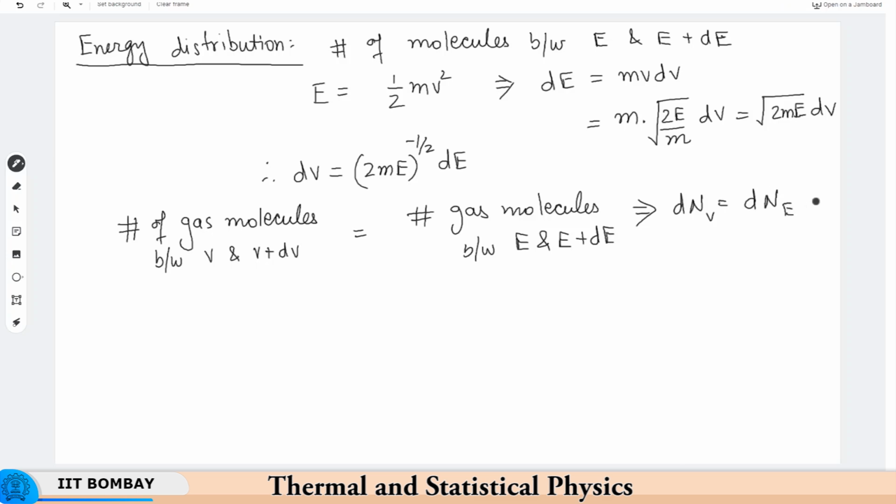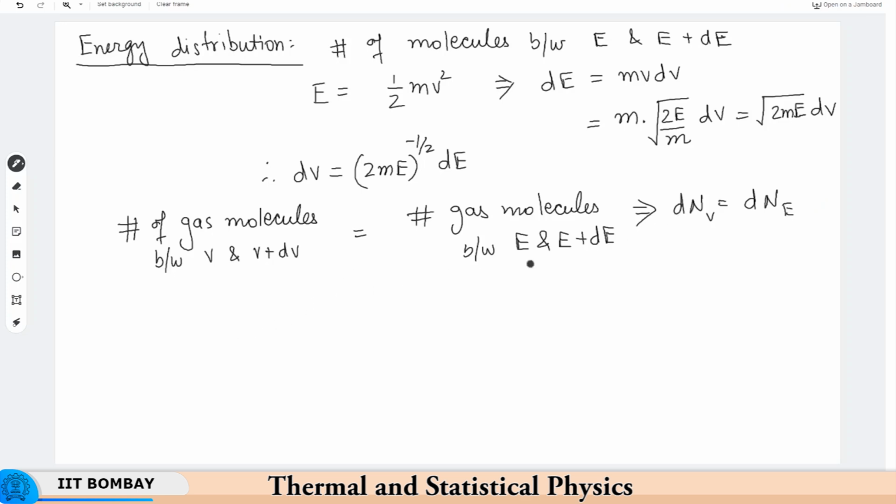And this is not really an assumption, this is actually a fact, because the kinetic energy is only a function of speed. So the number of molecules between V and V plus dV is the same number of molecules that are also between kinetic energy E and E plus dE.